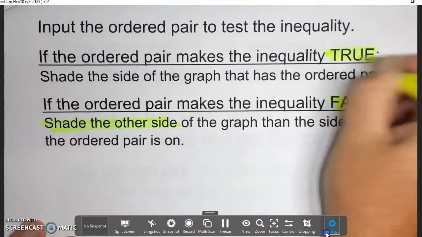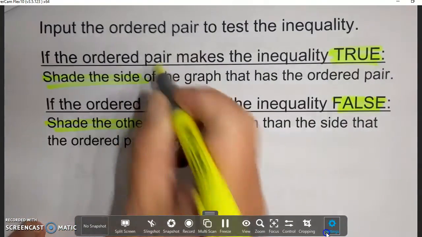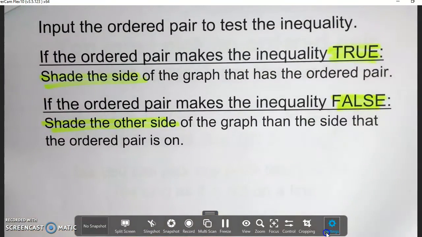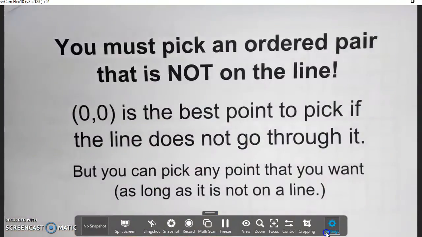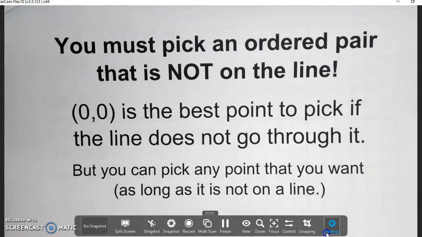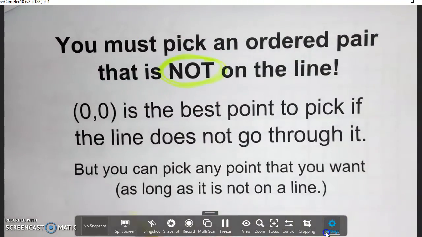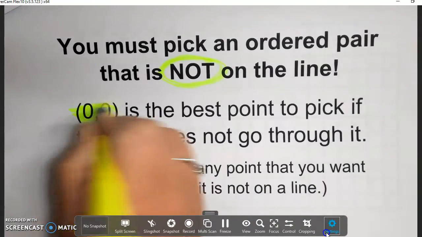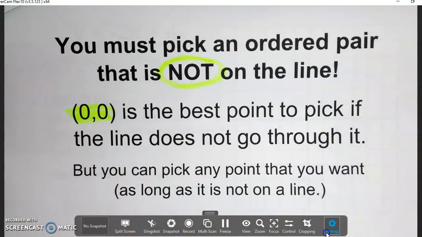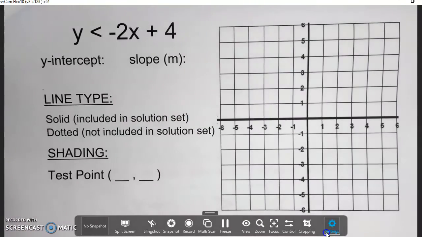If it's true, shade that side. Okay? You can always pause this video at any point. You must pick an ordered pair that is not on the line. 0, 0 is a great one because it's easy to input in your head, to do it quickly, as long as it's not on the line.